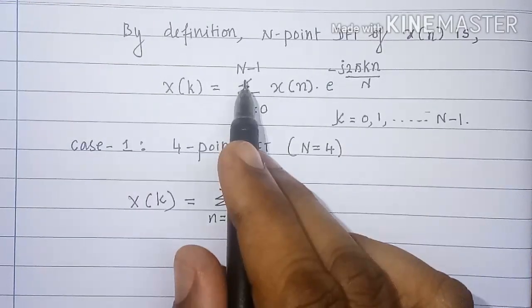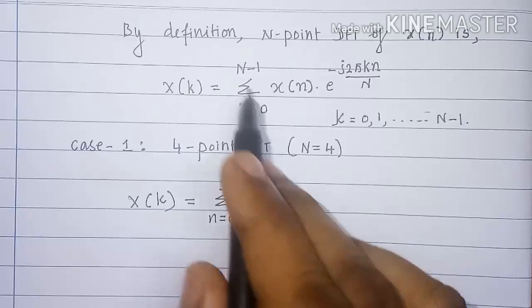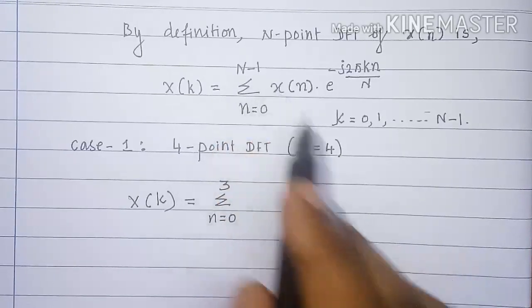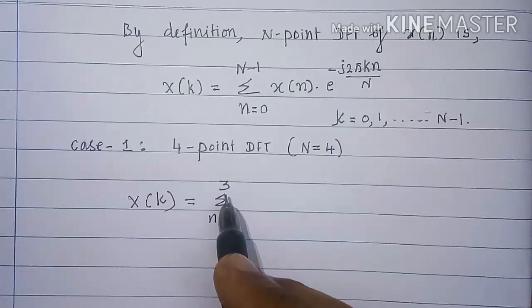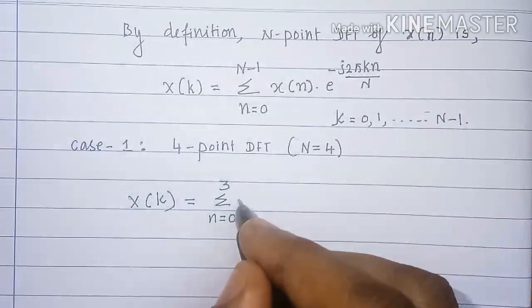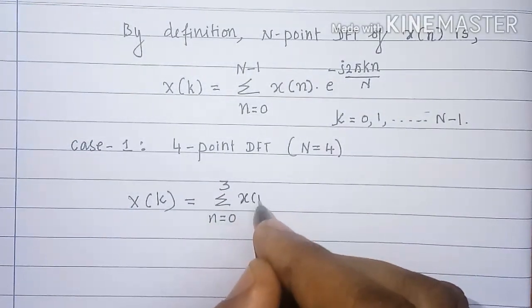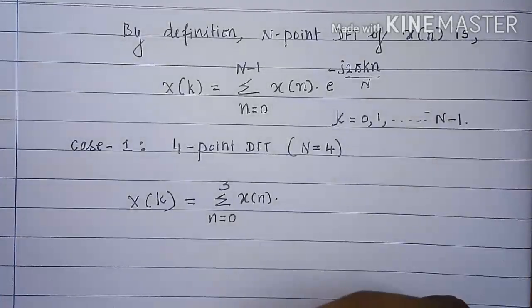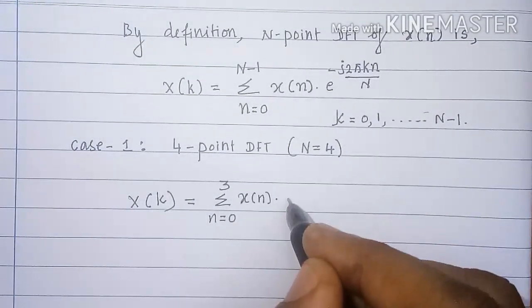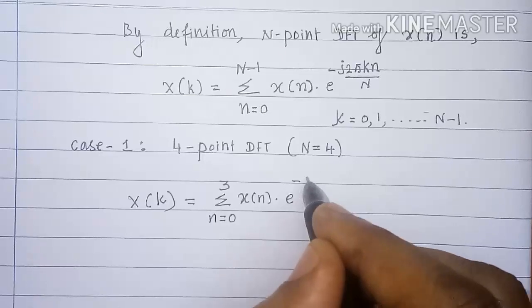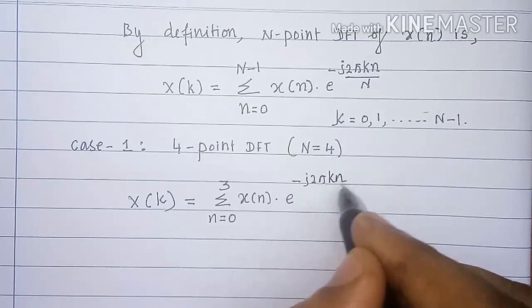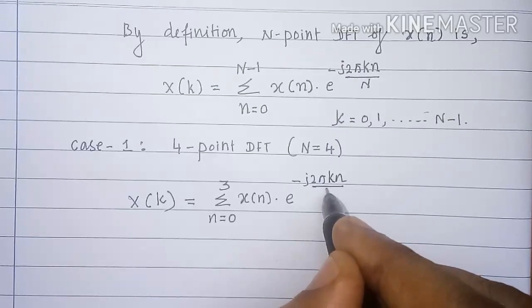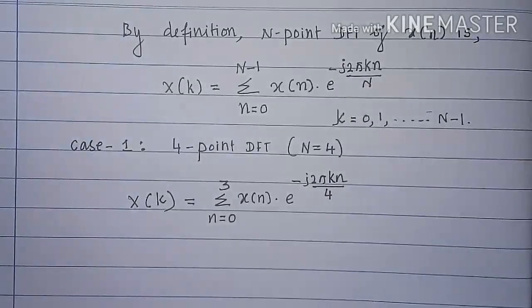Here it is n equal to 0 to capital N minus 1, but N equal to 4, so 4 minus 1, that becomes 3, of x of n into e raised to minus j 2 pi kn by 4.